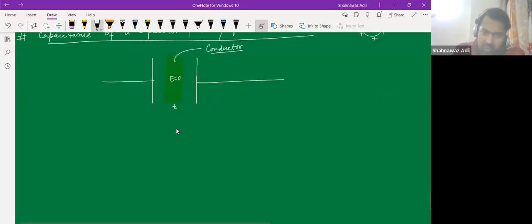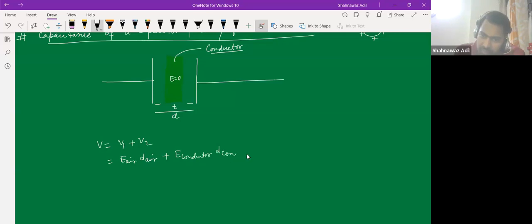So again, voltage would be V1 plus V2. So V is E air and D air plus E conductor and D conductor. So E conductor is how much? This is zero, right? Inside the conductor, it is zero.